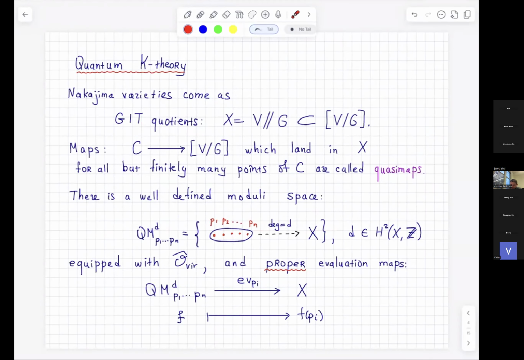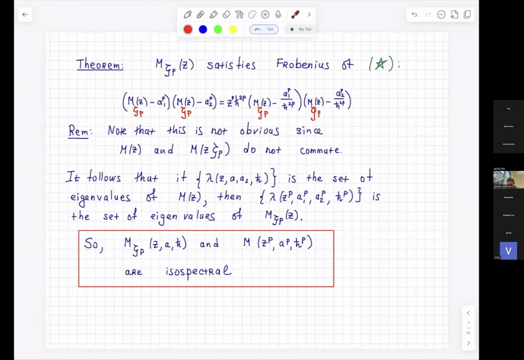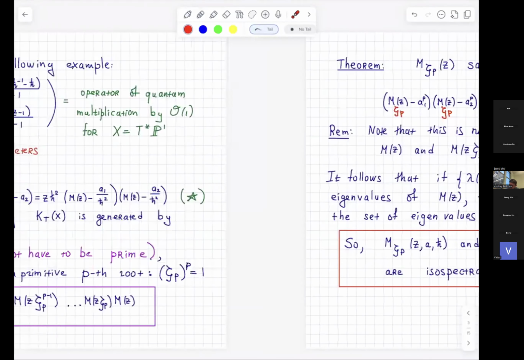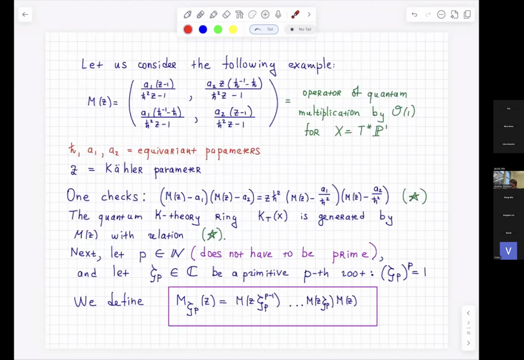Sorry to interrupt you. If P is not a prime, the order of the root may not necessarily be P minus 1. Do you want to take the Euler function phi of P or just take P minus 1? Here I mean the primitive root of this order. Yeah, but if P is not a prime, the multiplicative order of the primitive root may not be P minus 1.